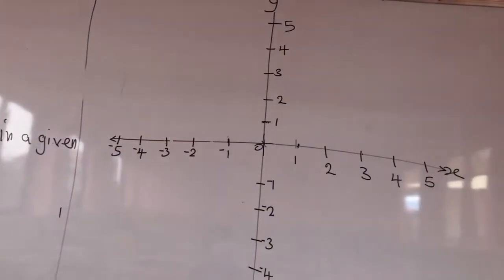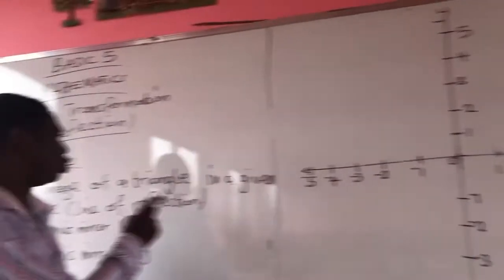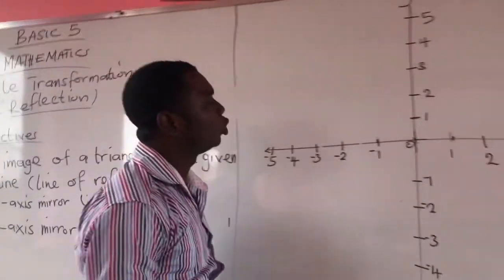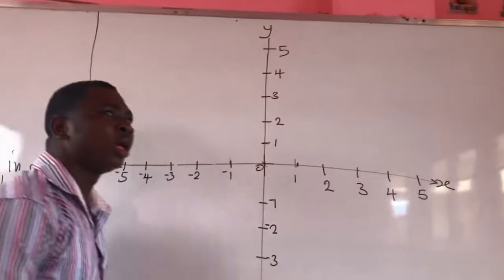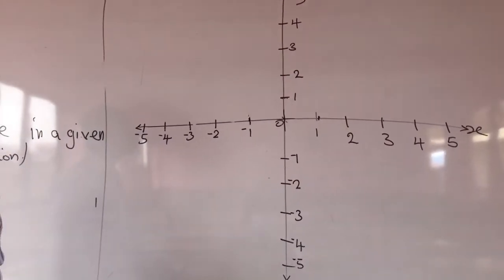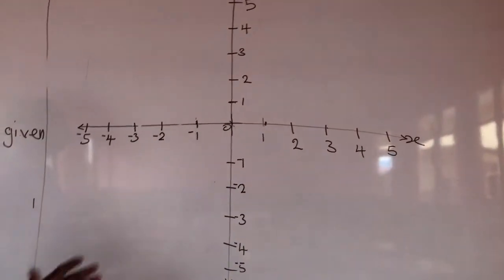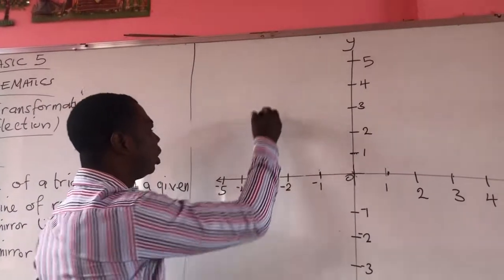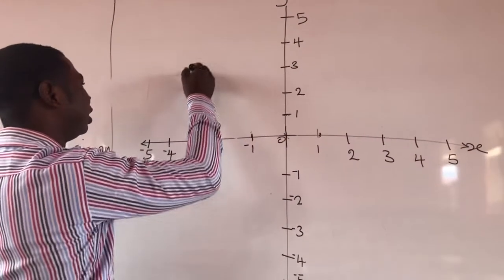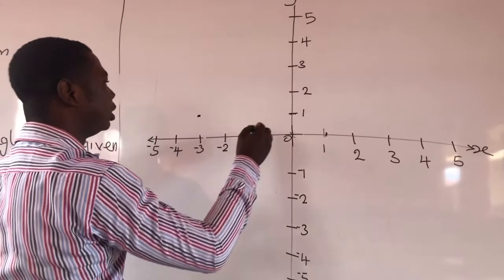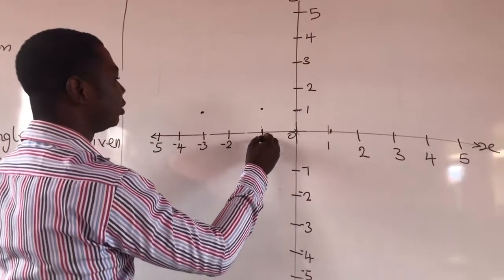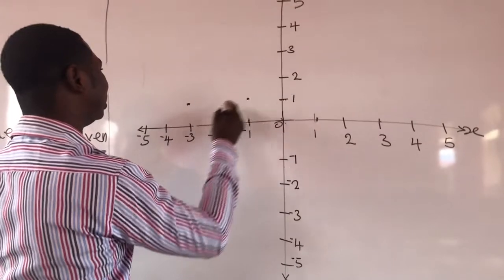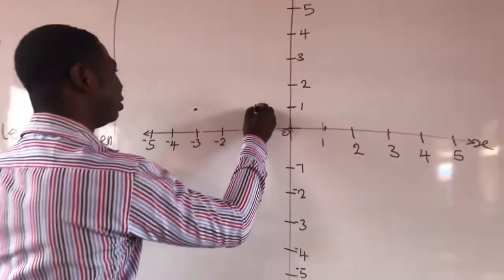Now we said we want to be able to draw the image of a triangle. So first of all, let's draw a triangle at one side and then use one of the axes to reflect it. Let's say our object is here, with coordinates at negative values.